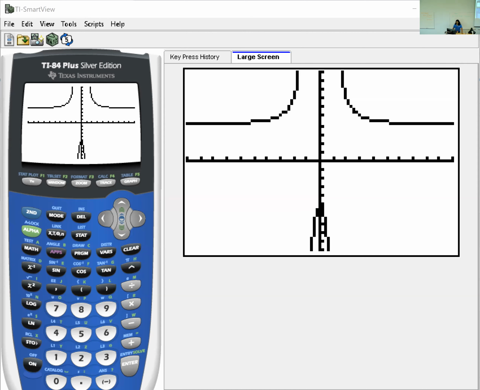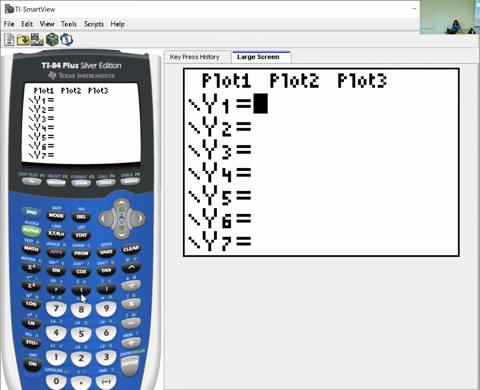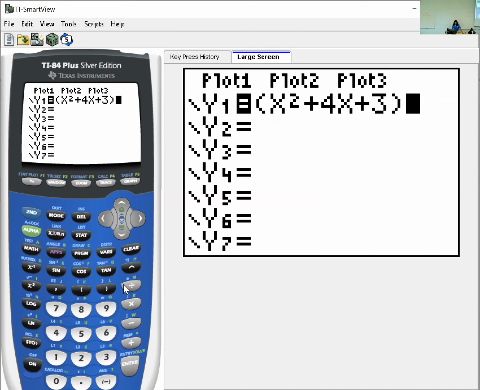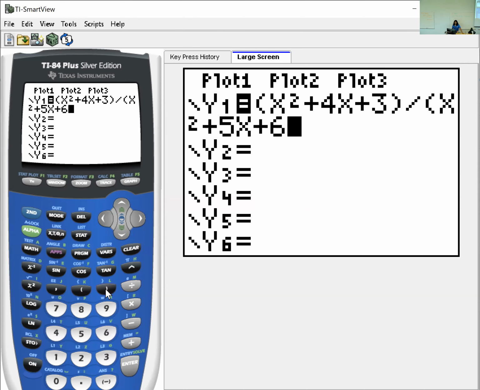So let's go ahead and enter the function that we have. x squared plus 4x plus 3, divided by x squared plus 5x plus 6.